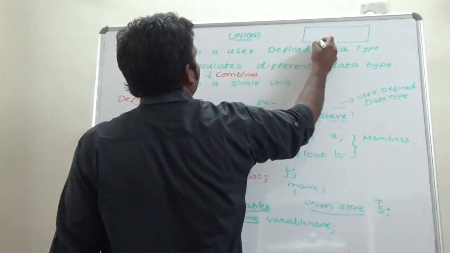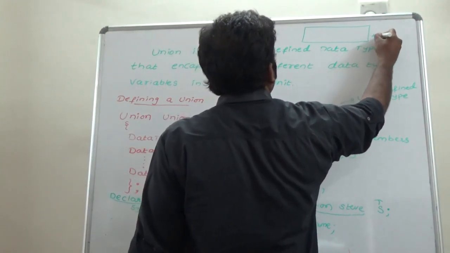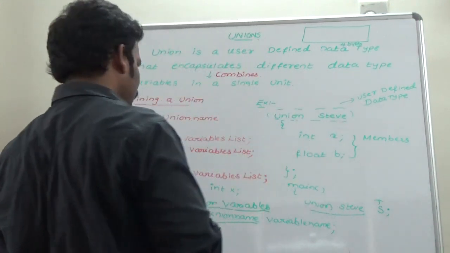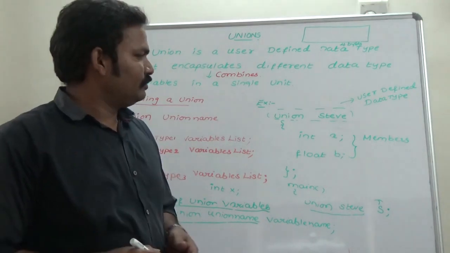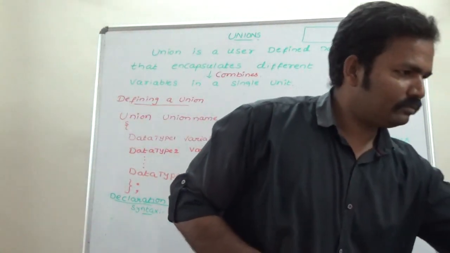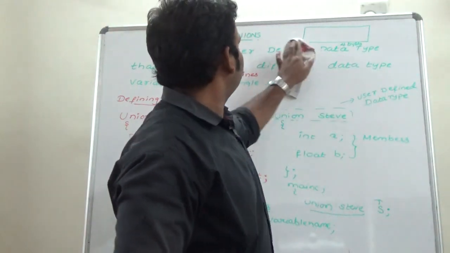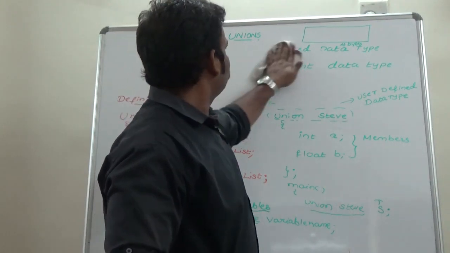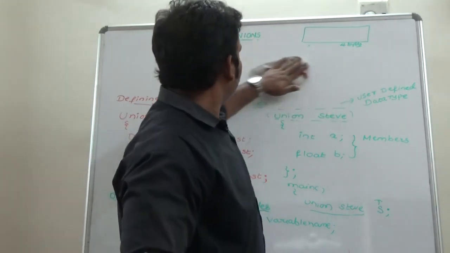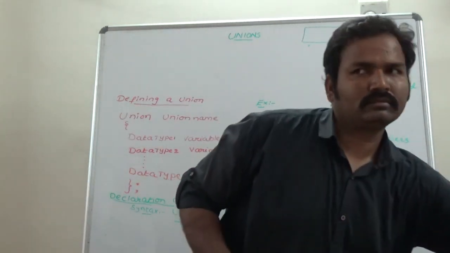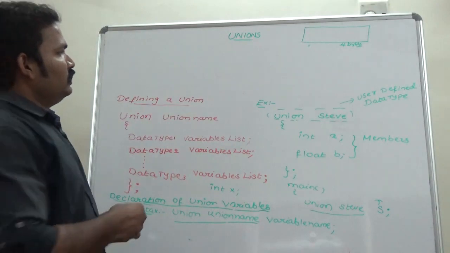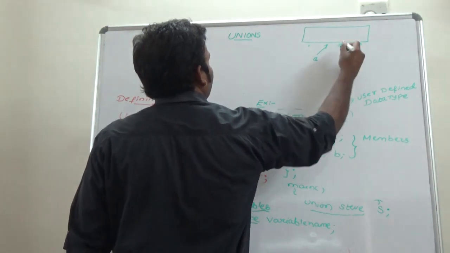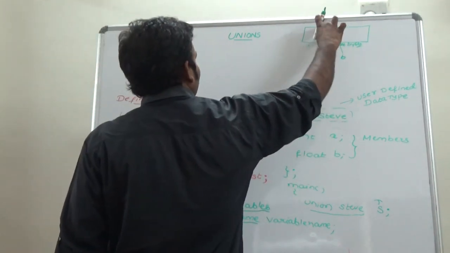Assume that this is 4 bytes of memory. And here A and B, these two variables point to the same memory location.